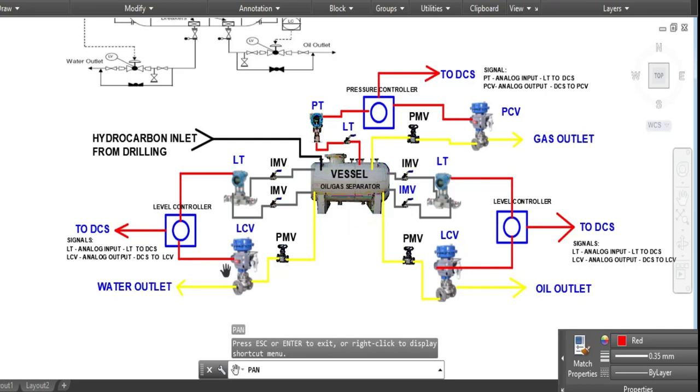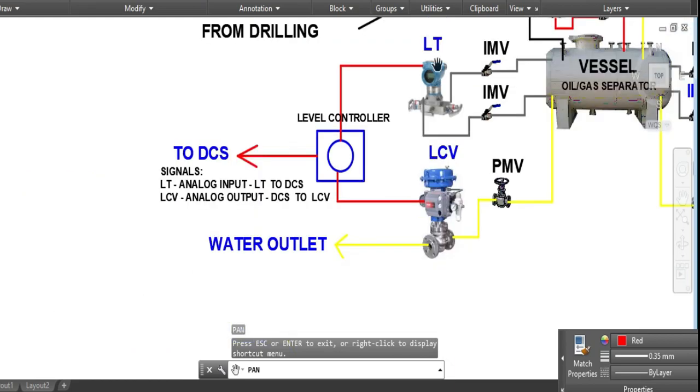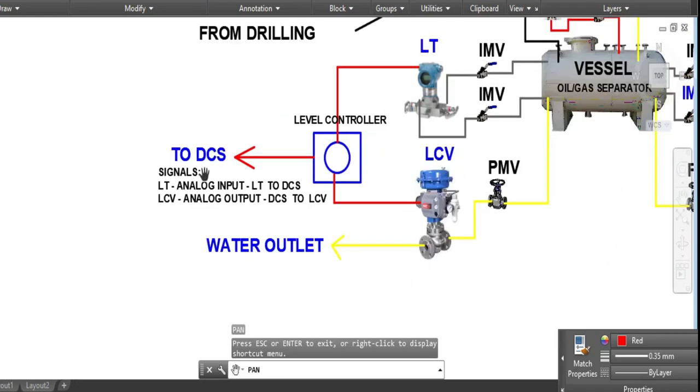As you can see here, this is the controller. We're talking about the connection between the level transmitter and the level control valve. So there should be a relation between these two. As you can see here, the signal goes from the level controller to the DCS.